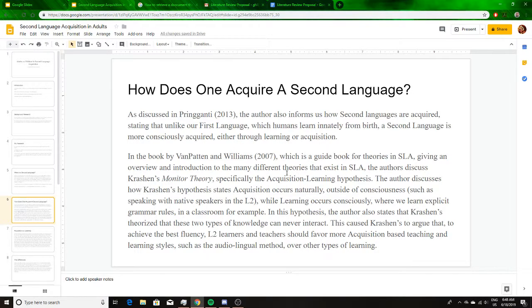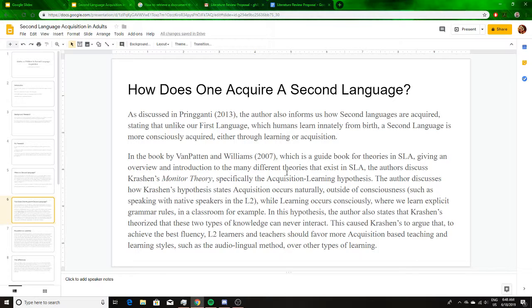This hypothesis states that acquisition occurs naturally outside of consciousness, such as when you're speaking with a native speaker in the L2, or listening to someone, while learning occurs more consciously, where we learn specific grammar rules like in a classroom.